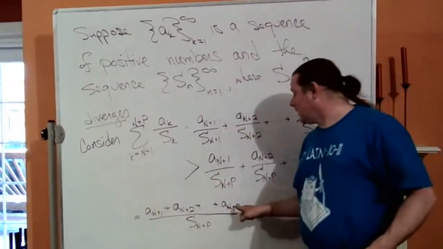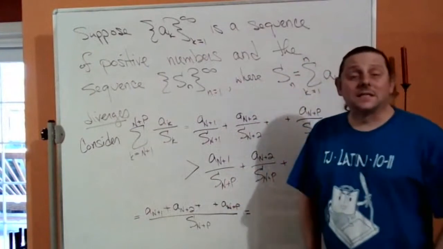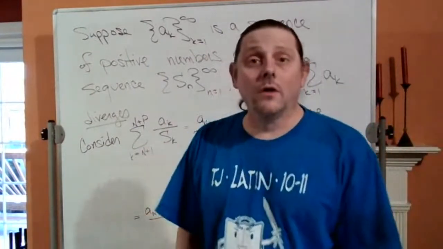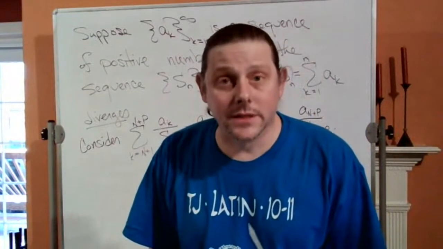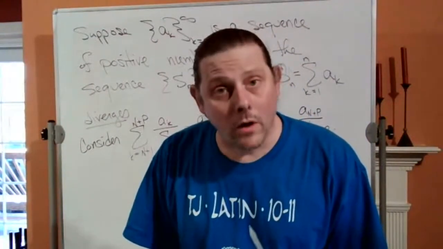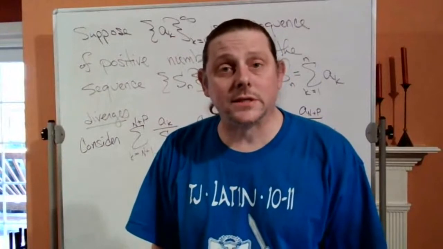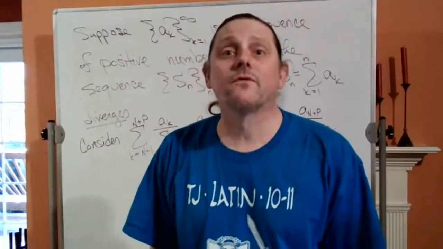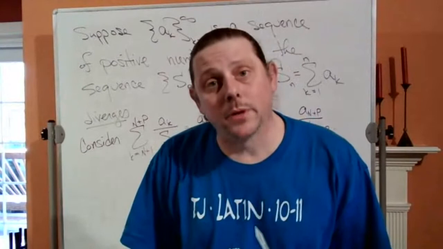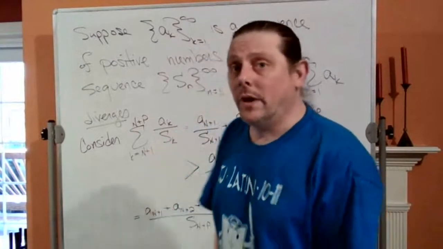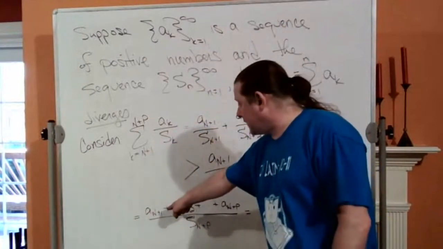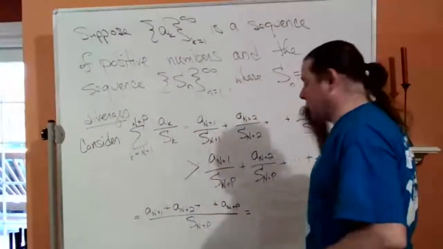Now, this sum is a tail of the S series. All right? Sn plus p is equal to the sum of all the a's from 1 to n plus p. But here, I'm only starting at n plus 1 to n plus p.